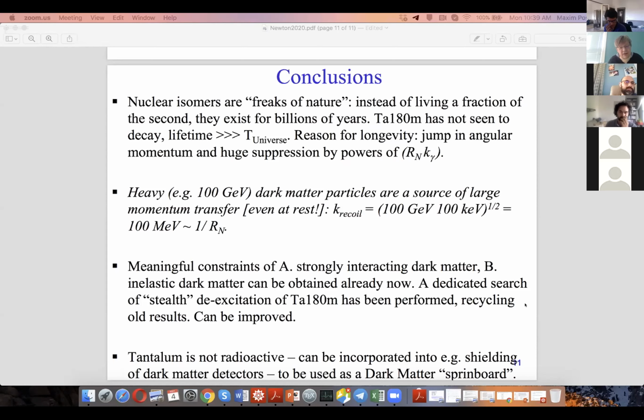That could be an interesting pet project to pursue for some of the dark matter guys if they run out of things to do in the future.